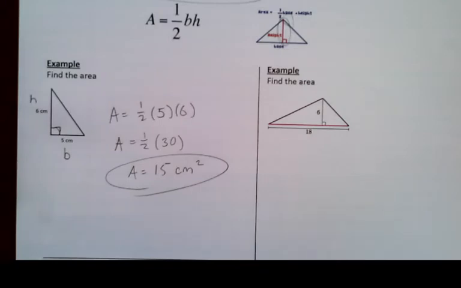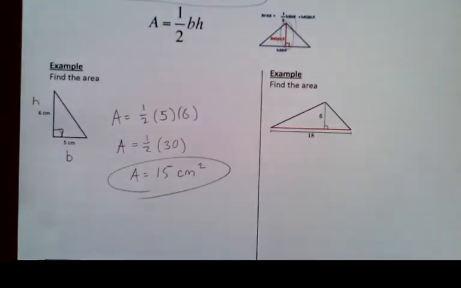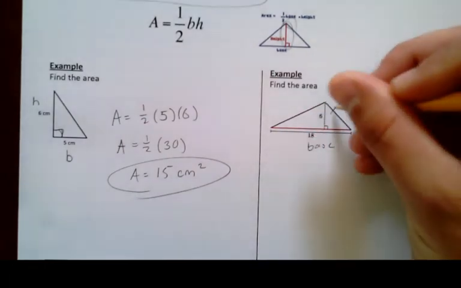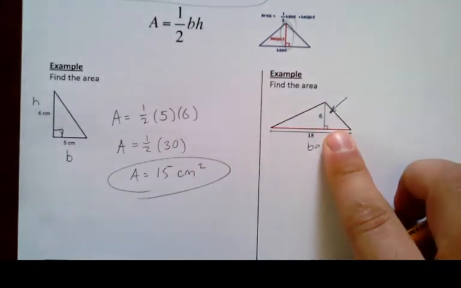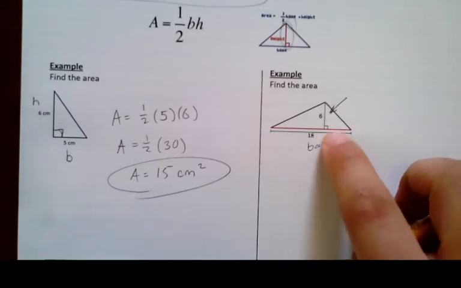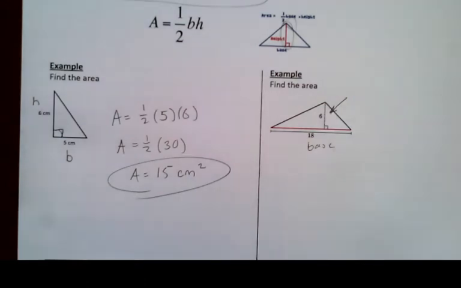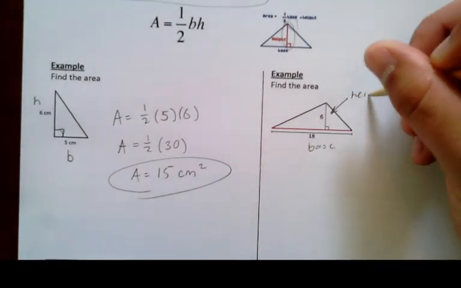So here's another example, finding the area. Again, it's pretty distinct that this is our base. What you'll notice here is that I have a perpendicular line or a right angle formed from the base of my triangle to the top of the triangle. In this example, this would be our height in here.